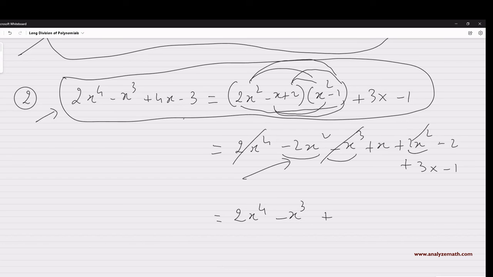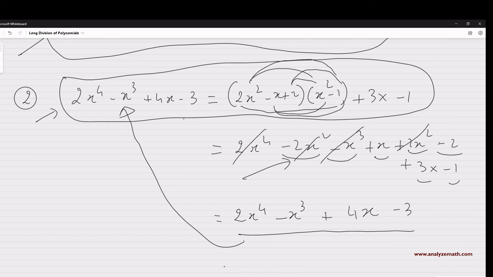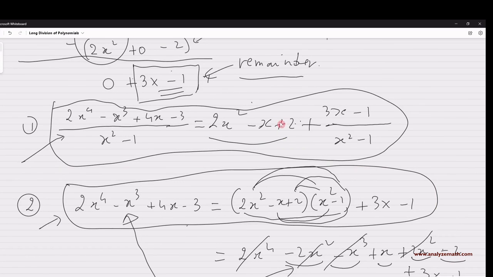And then I have x plus 3x, that's 4x. And then minus 2, minus 1, minus 3. And we can see that this and the dividend are equal. Therefore, the division is correct. And the answer is given here.